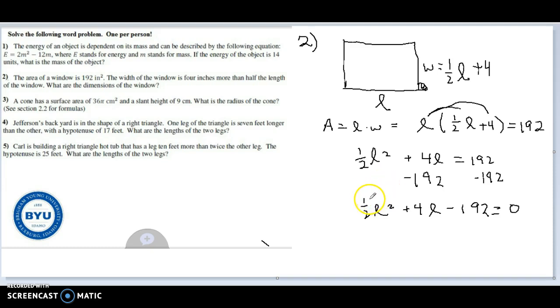Alright, so our goal at this point is to factor this, but before we do that, this 1/2 right here, I'd rather that it wasn't there. It'll be easier to do the factoring if it's not. So let's multiply each side of this equation by 2.